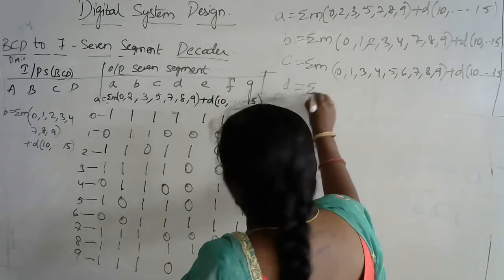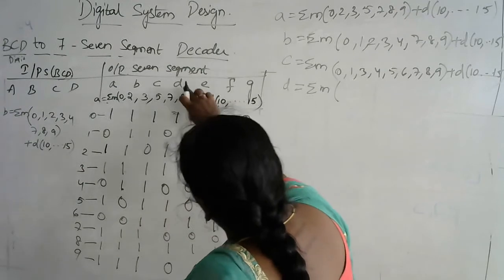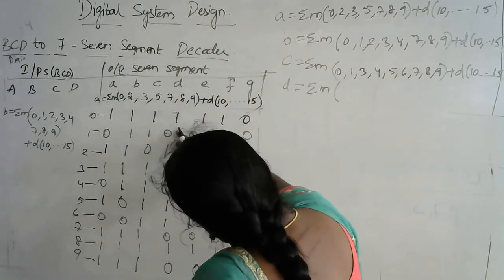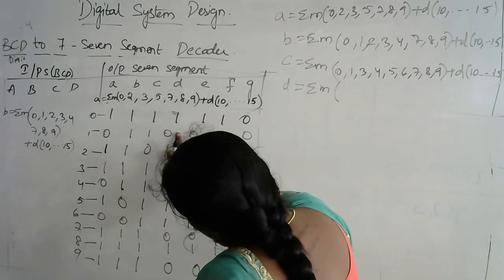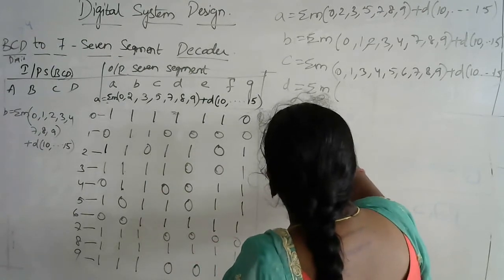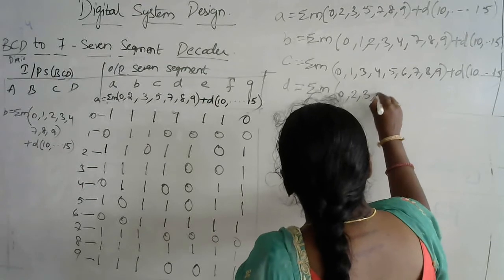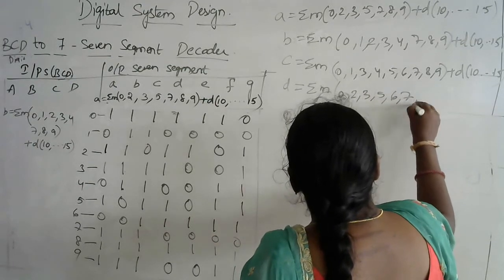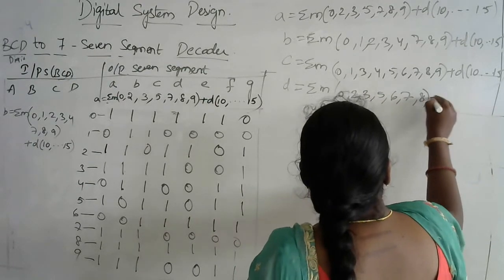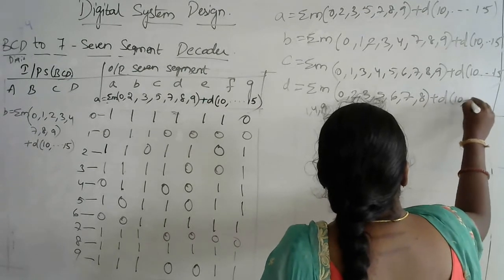Similarly, D equal to sigma m of, observe the D column. 1 is not there, 4 is not there, 9 is not there. Except 1, 4, 9. That is 0, 2, 3, 5, 6, 7, 8 plus d of 10 to 15.